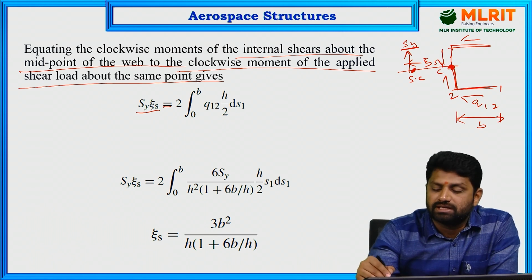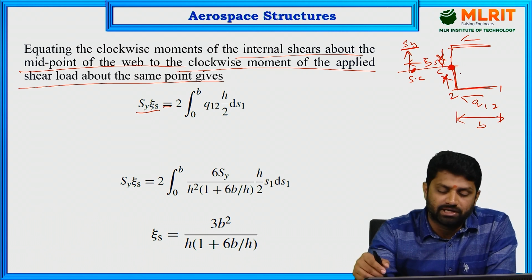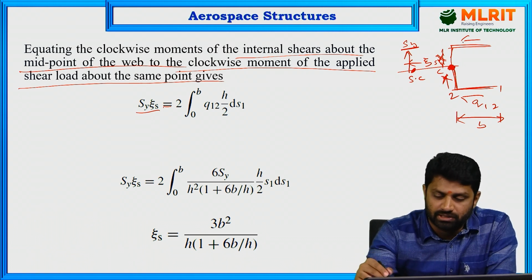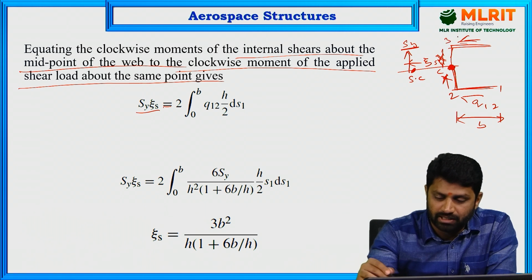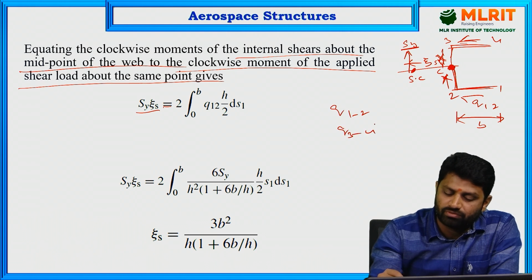So this doesn't give any perpendicular distance to calculate the moment, so no need to consider these shear flows, because the perpendicular distance is 0. If the perpendicular distance is 0, the moment is also 0, so no need to calculate that. But the other two shear flows, that is 1 to 2 and 3 to 4, will give moment.